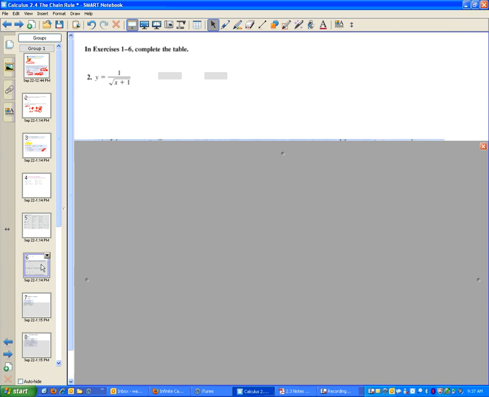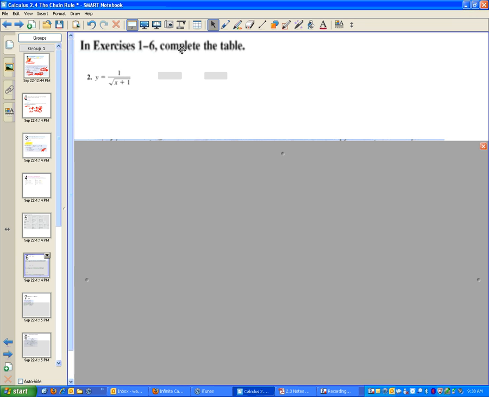So I'm on page 137. In exercises 1 through 6, they do not say take a derivative. They say complete the table. So these first few problems are simply an exercise in understanding the notation and understanding what's u and what's not.